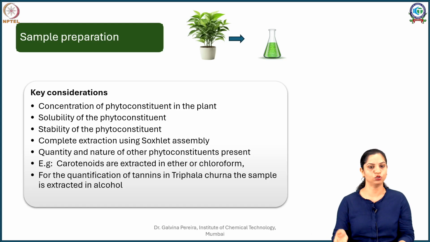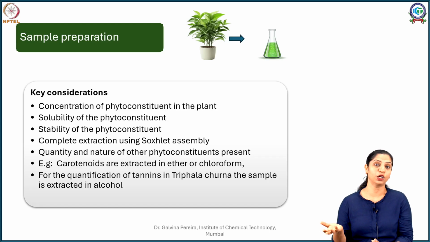using a suitable solvent. Then you also have to see the nature of impurities or other substances present. Imagine you are trying to extract something which is water soluble, but your substance, especially your drug, is lipophilic, it is oily. So what is going to happen is that the oily nature of the drug will hinder the extraction of your polar compound.